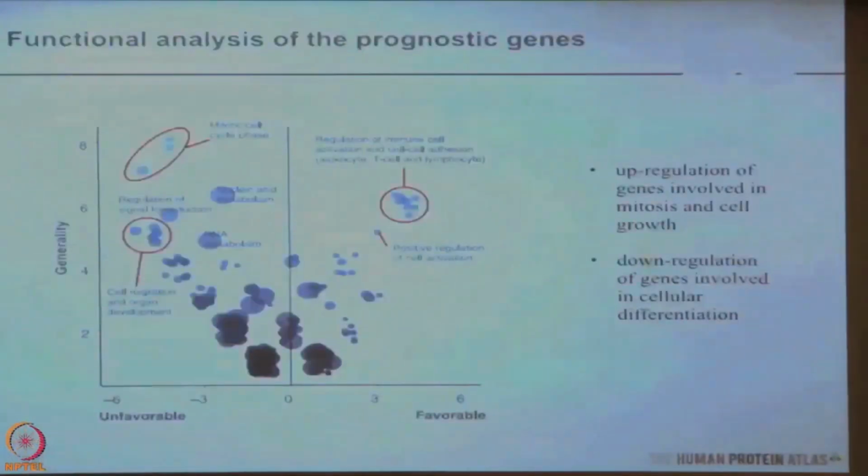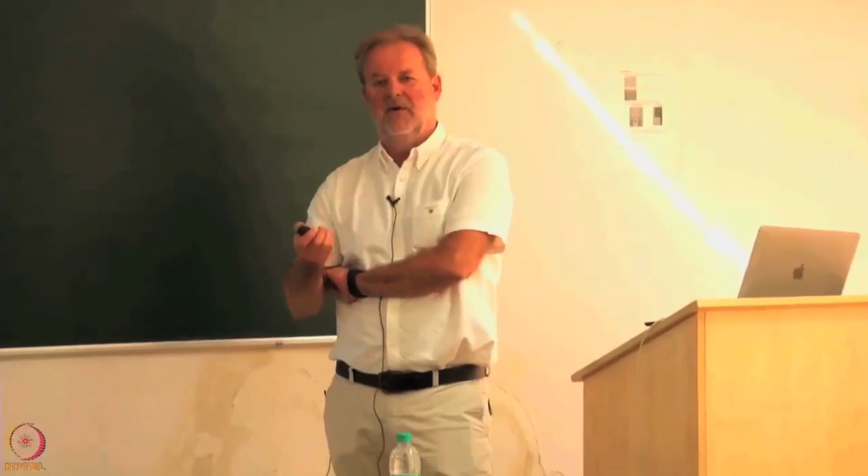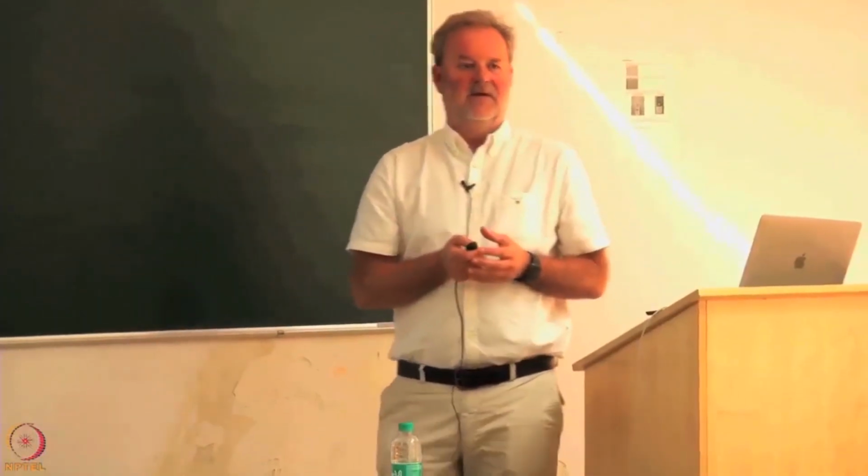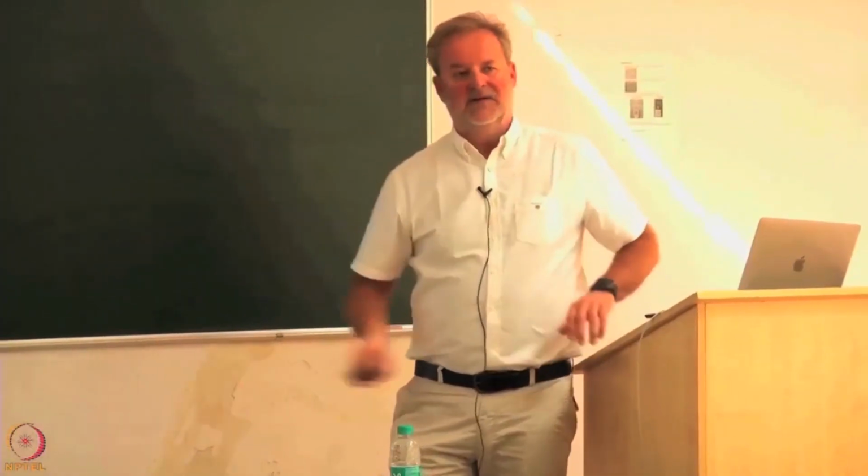What about the function of these genes? And this is generalizing very much, I know that. But if you look at the unfavorable genes, what do they encode for? What type of proteins? Well, they code for proteins which are involved in cell cycle regulation, cell cycle progression, cell growth.